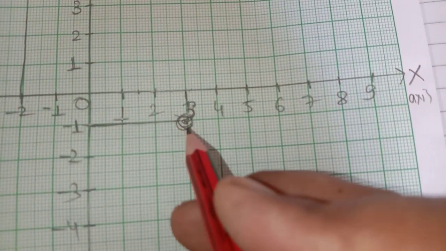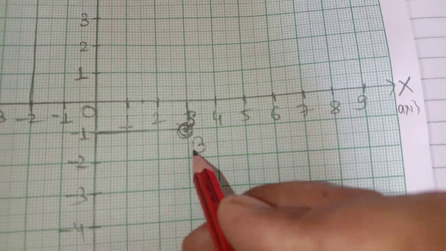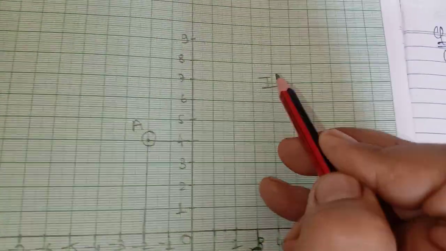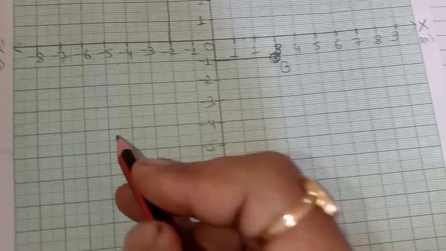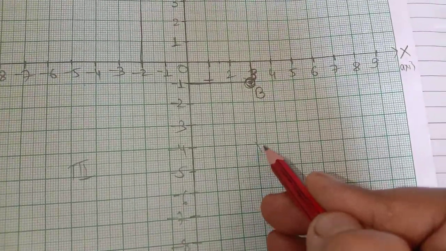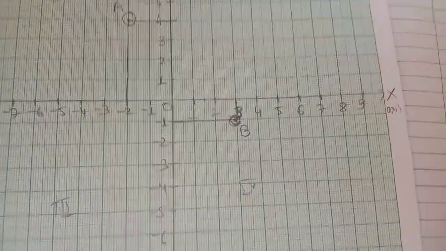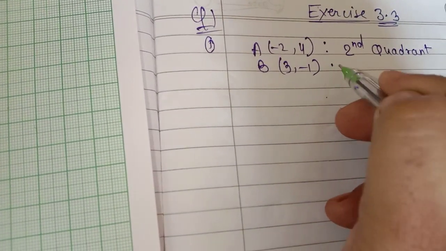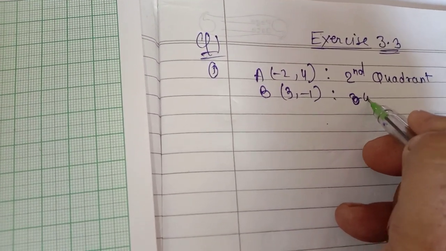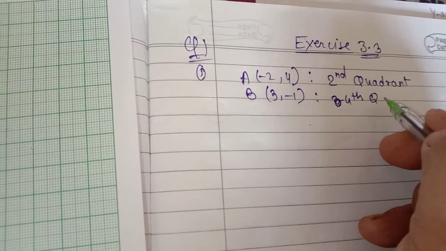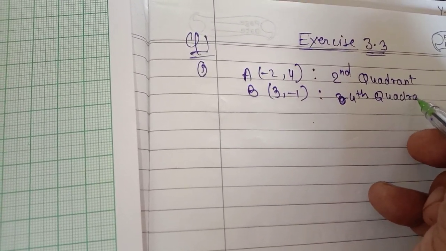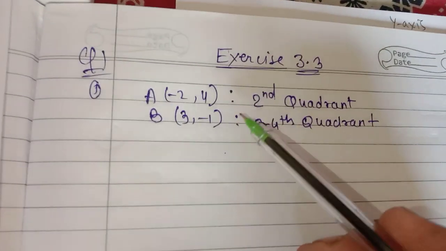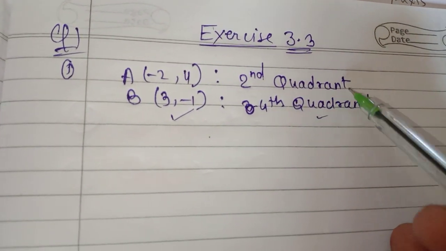So it is (3, -1), give it point B. Now can you see, it is the first quadrant, second, third, and fourth. So what will you write here? B (3, -1) lies in the fourth quadrant. So this is the location, and this is the verification.